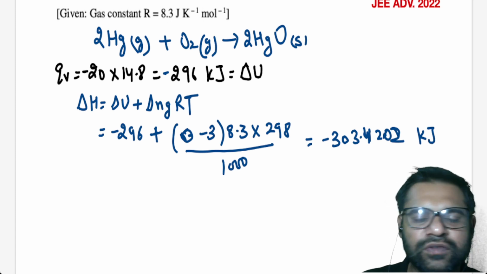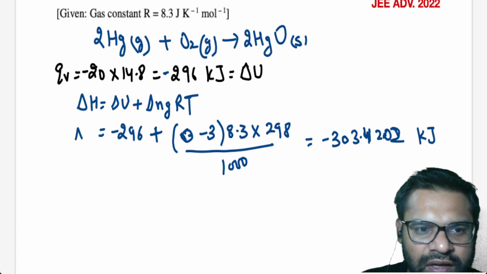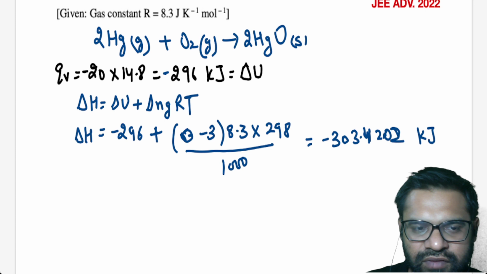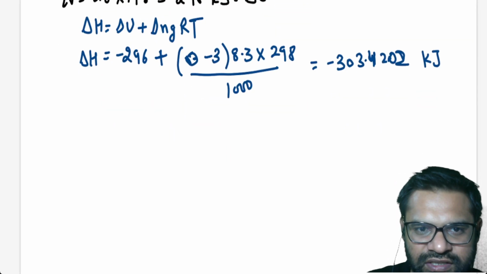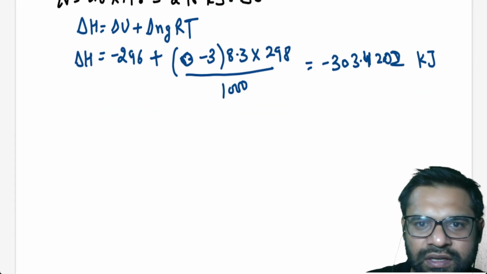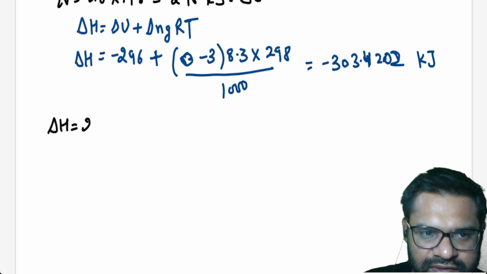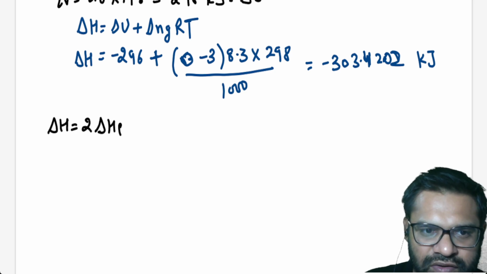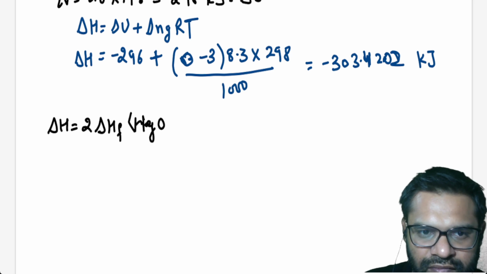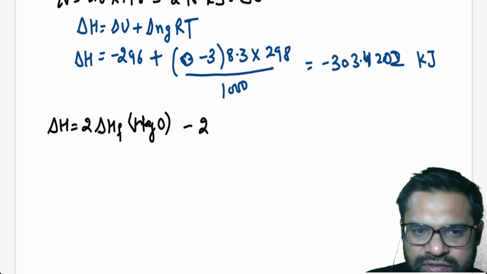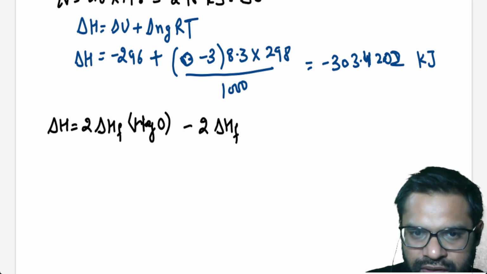This is the delta H of this reaction. Now from the equation we can write that the delta H of this reaction is 2 times the delta H of formation of mercury oxide minus 2 times the delta H of formation of gaseous mercury.